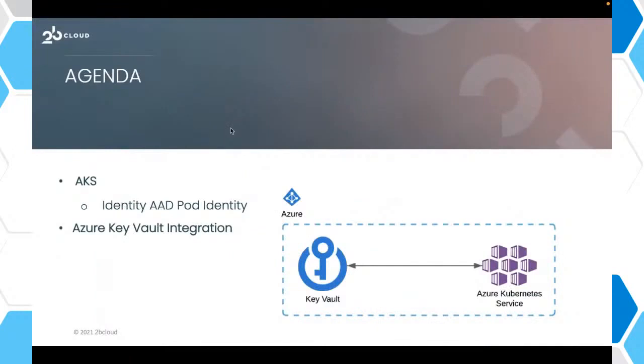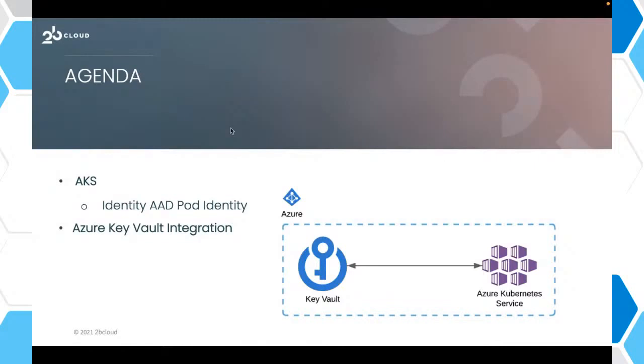So here's the agenda for today. So let's talk about it. Basically, we are going to implement a solution which will allow us to integrate between Azure Key Vault, where I will store all my secrets, and my AKS, where I will use them. We will use CSI driver.